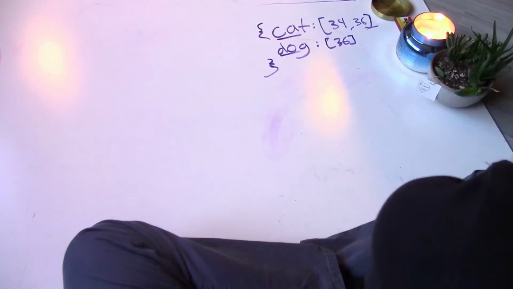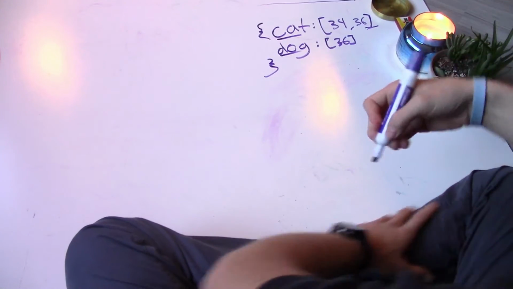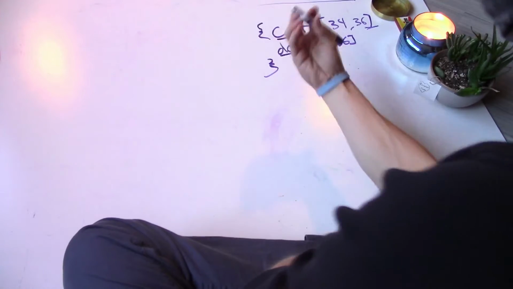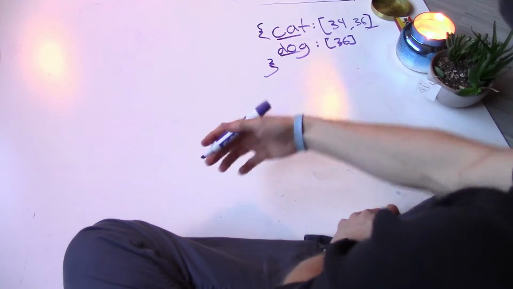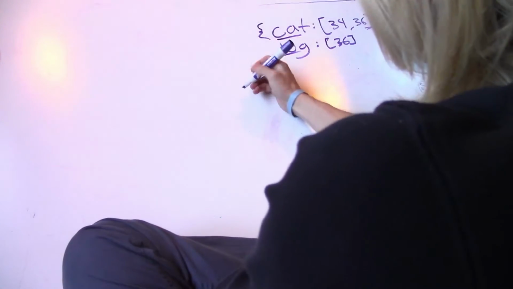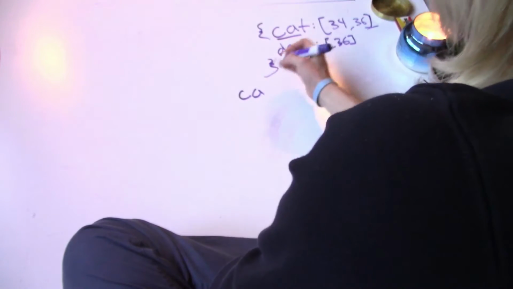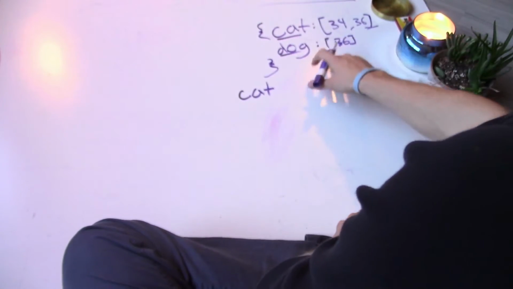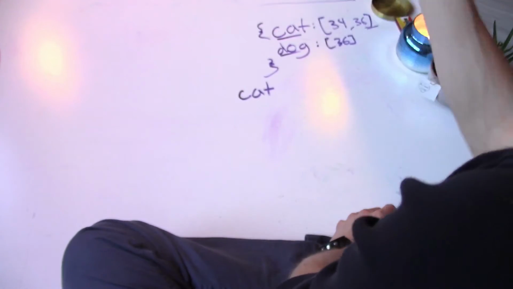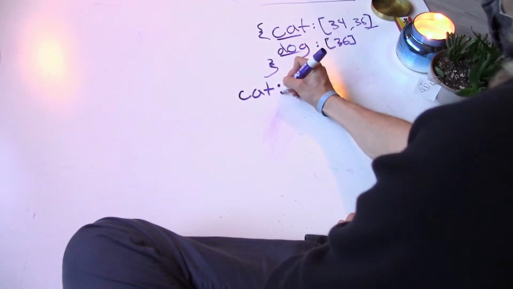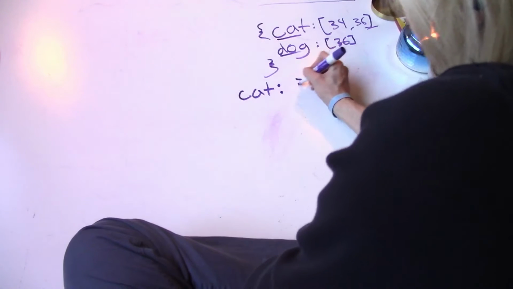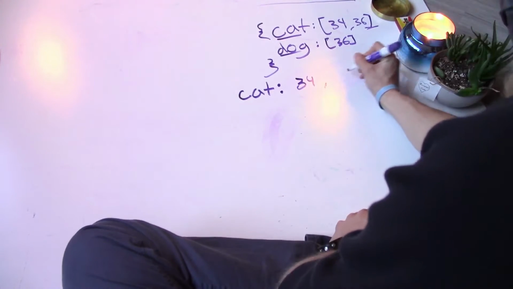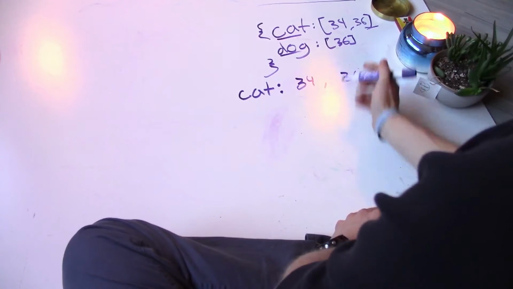So really all we would have to do is go one object at a time, or one key value pair at a time. And so we could just do, say, cat, and then we could even use very similar notation to what we have for the object, right? So we could just do cat colon, and then we could just say 34, comma, 36.